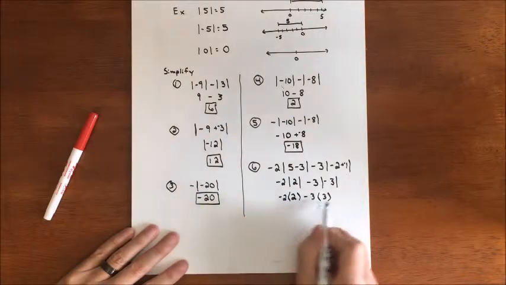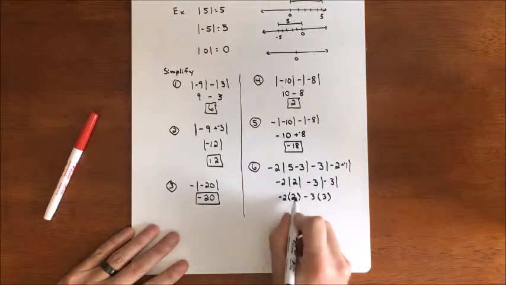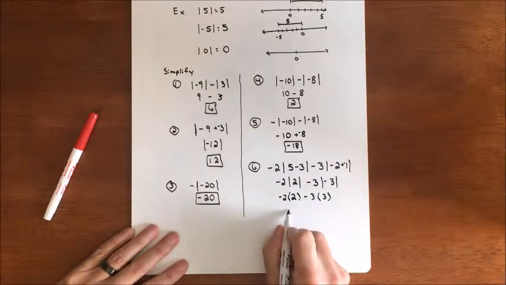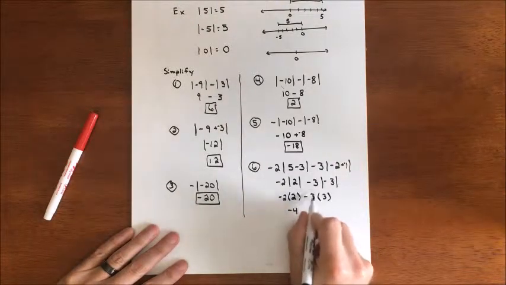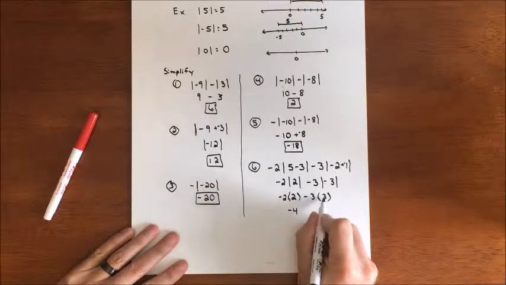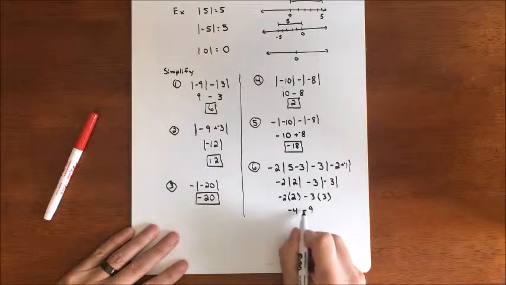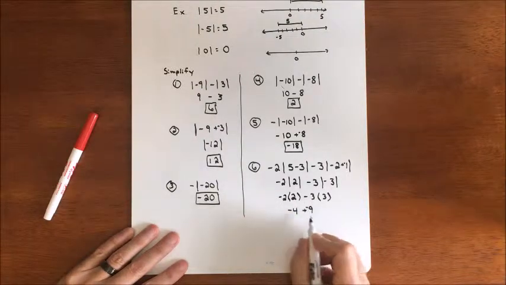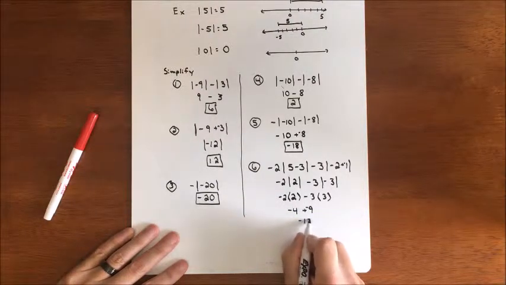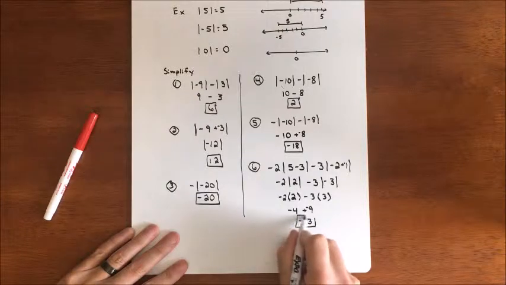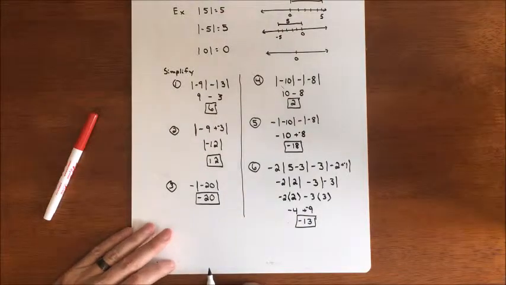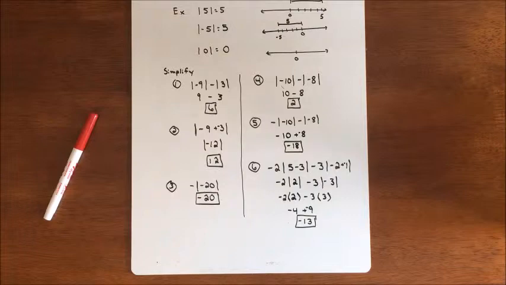And so we have multiplication, multiplication. So negative 2 times positive 2 is negative 4. It's a negative 3 times a positive 3, so that's negative 9. And now we can add these two together, add the opposite, and get negative 13. All right, and that's defining and working a little bit with some absolute values.